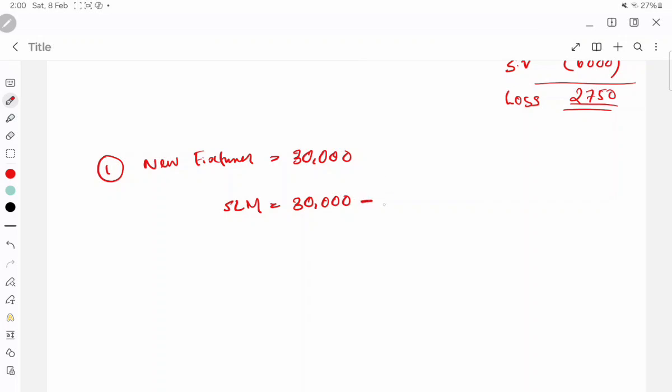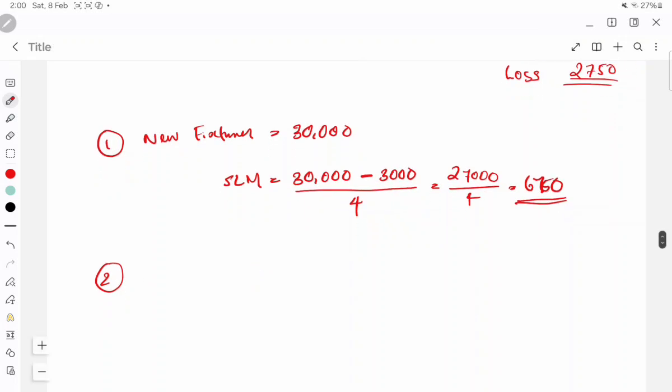The residual value is 10% of the cost, so 3,000, divided by the number of useful years, which as per the question is 4. So it is 30,000 minus 3,000, which is 27,000, divided by 4, which will be 6,750. This amount should be transferred, isn't it? 6,750.